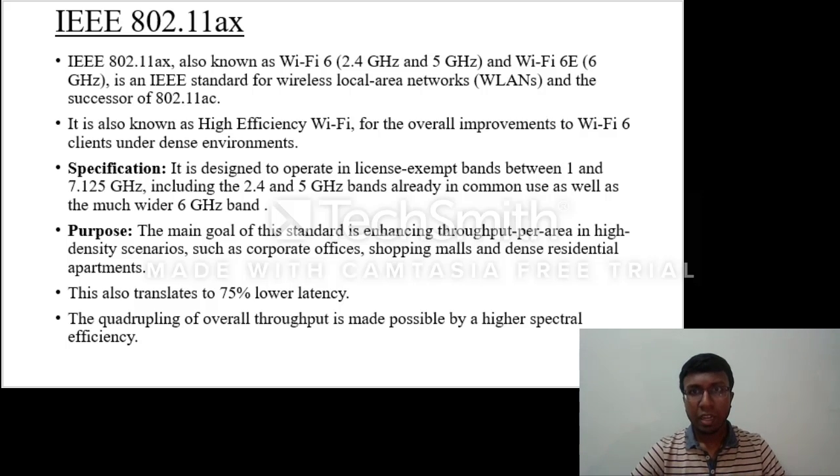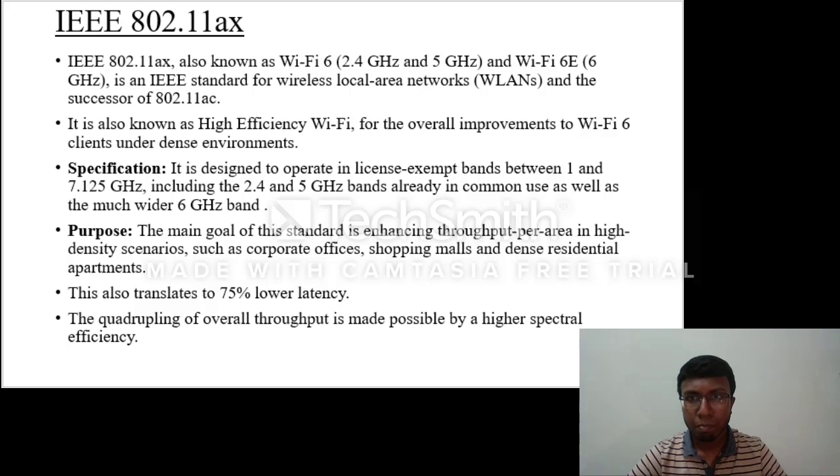Its specification is it is designed to operate in license-exempt bands between 1 and 7.125 GHz, including the 2.4 and 5 GHz bands already in common use, as well as the much wider 6 GHz band.